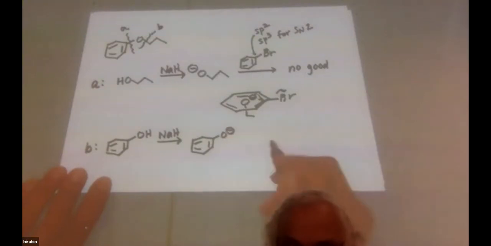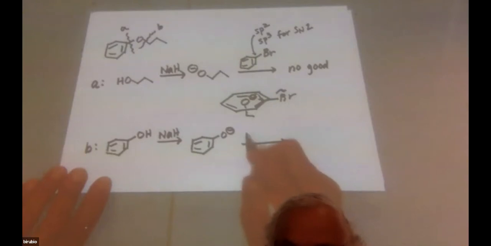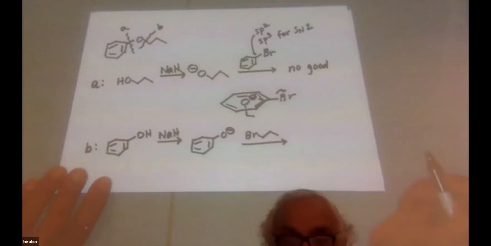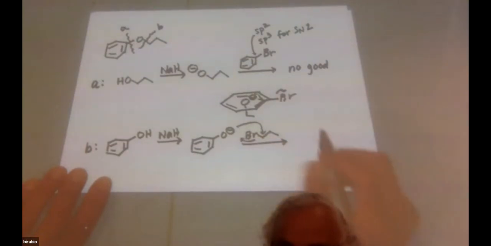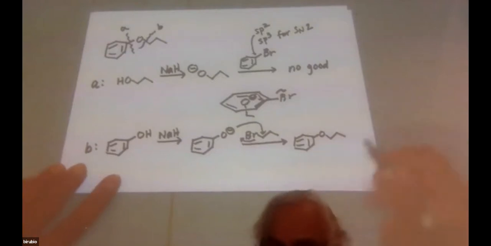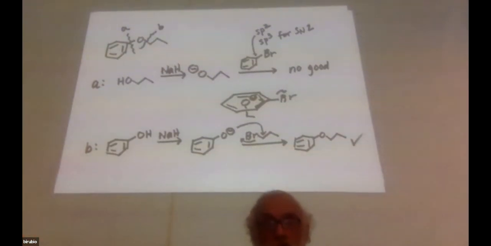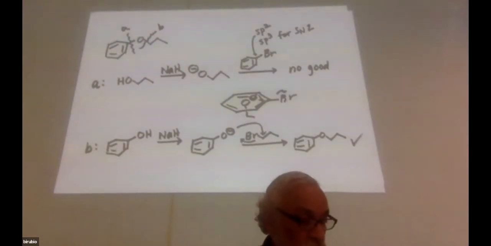We get this phenoxide, and now attack the primary alkyl halide. So that's going to work okay. Check.